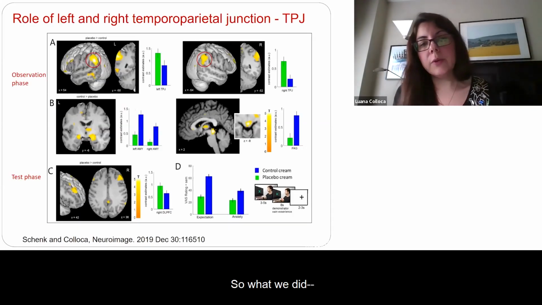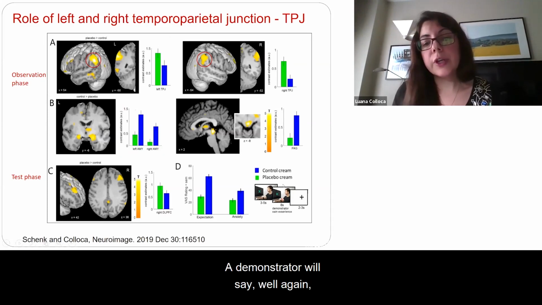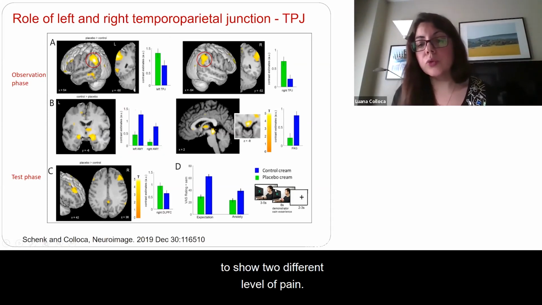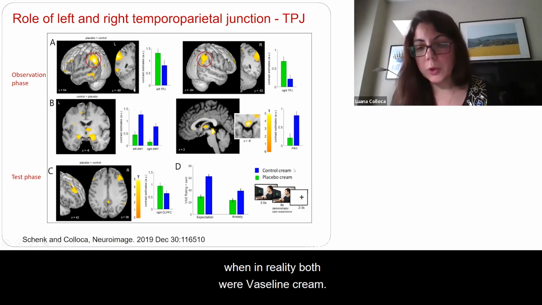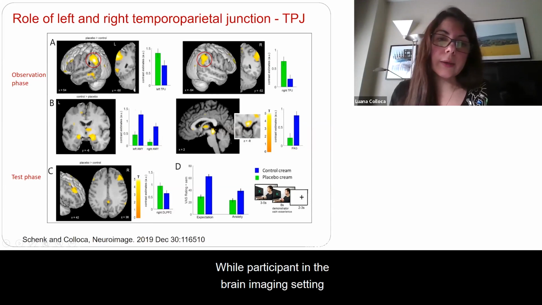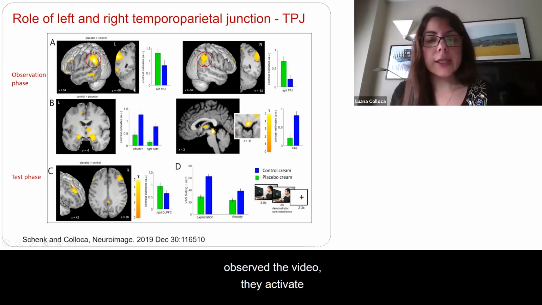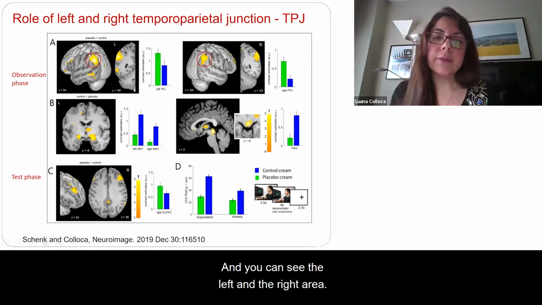Until we observe something behaviorally, we are not fully satisfied. So what we did, we translated this into a brain imaging setting. A demonstrator was again able to show two different levels of pain. One cream was perceived as effective when in reality both were Vaseline cream, and one cream was perceived as not effective. While participants in the brain imaging setting observed the video, they activated the temporoparietal junction, and you can see the left and the right area.